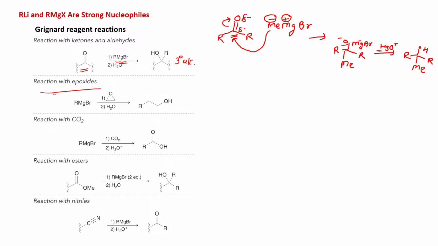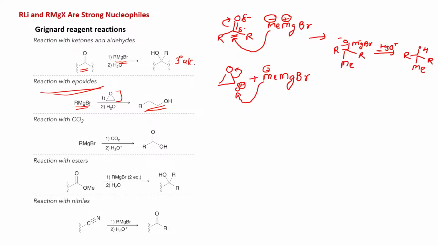Now reaction with epoxide. Your Grignard reagent reacting with epoxide will give you primary alcohol. So the mechanism is, oxygen will withdraw electron, it will create carbocation here. So methyl magnesium bromide. Now you know what kind of reaction will happen here.